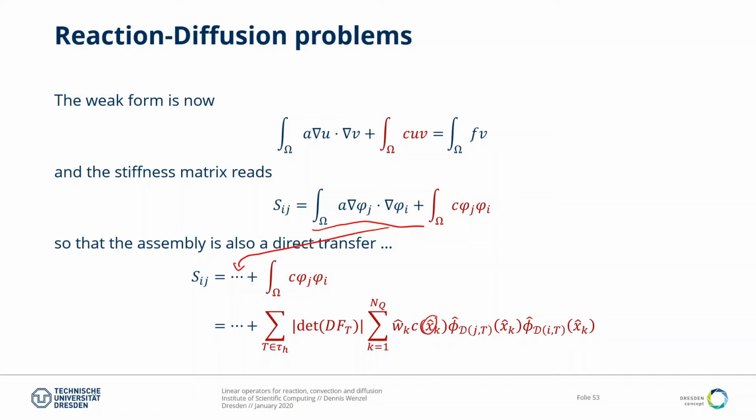Again, this here is wrong, just like before. So this should again be c of f_T of x hat, because c is again a coefficient function in your actual domain. But as for the rest, you see here again, this follows the same schematic as before.